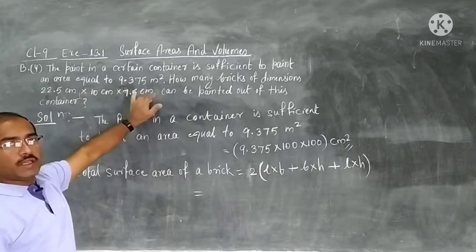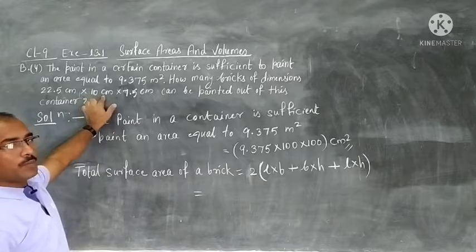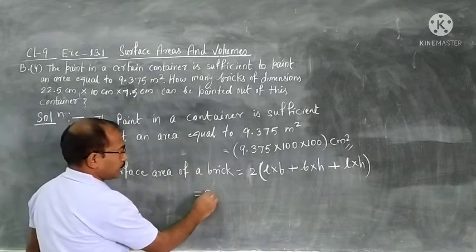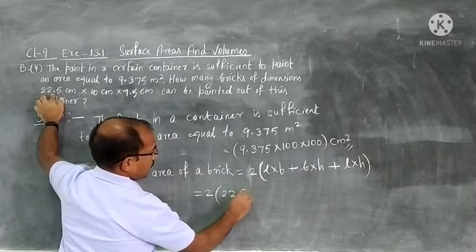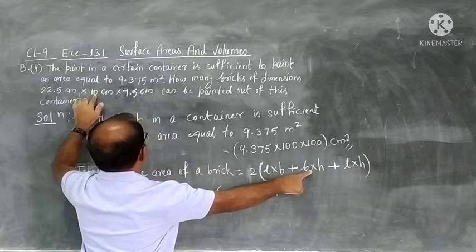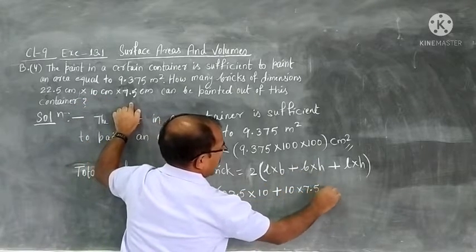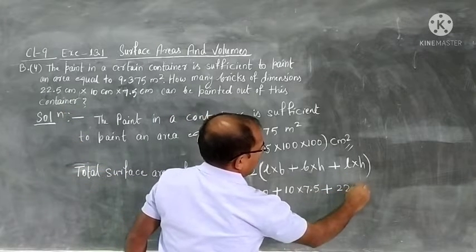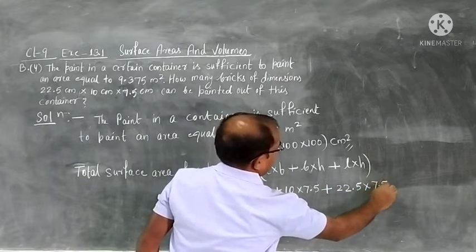Length, breadth, thickness or height. Once more, first one length, second one breadth, third one is thickness or height. So let us see. 2 into, length is how much? 22.5. Breadth is 10, plus breadth 10, thickness or height 7.5, length 22.5 and thickness or height is 7.5.